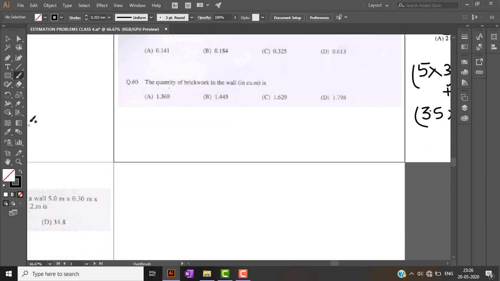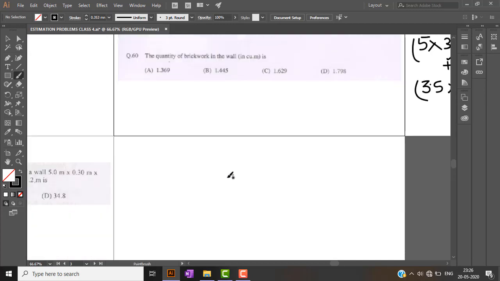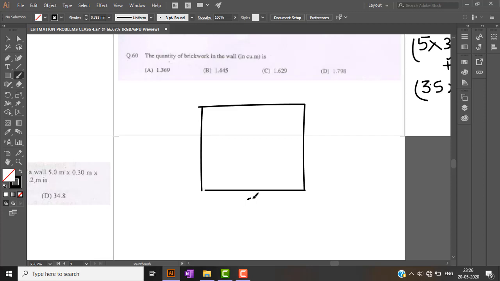Now let's consider the wall. The brick wall has a dimension of length 3 meter, width 30 cm and height 3 meter. So length is 3 meter, height is 3 meter, and we have its thickness as 30 centimeter, which is 0.3 meter.